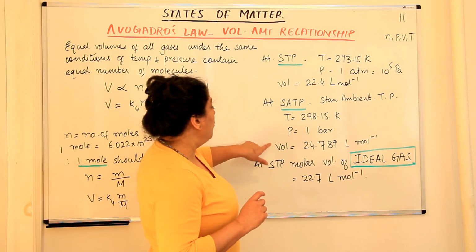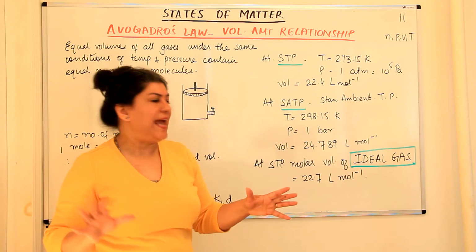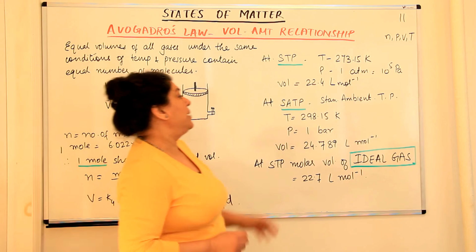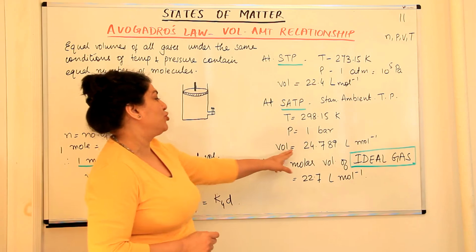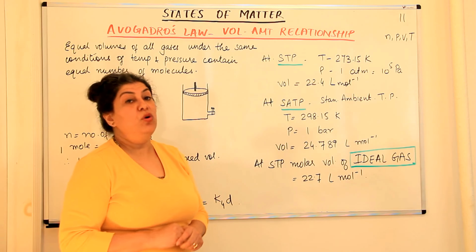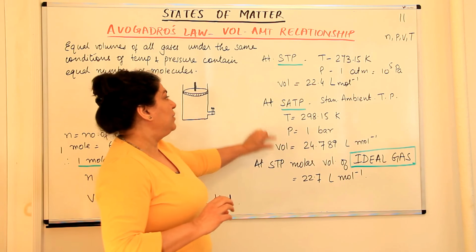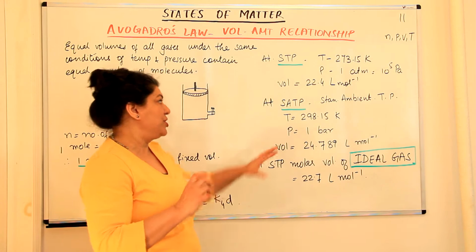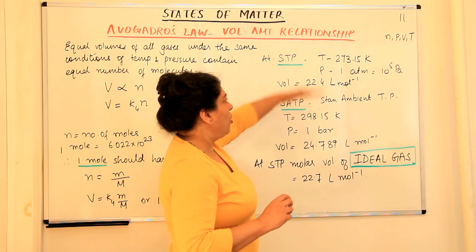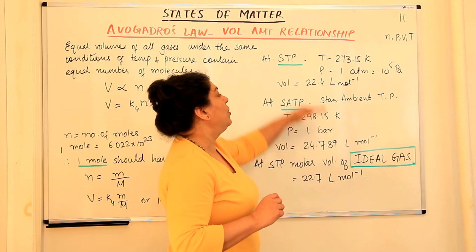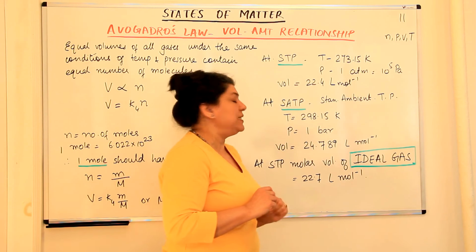And therefore, the volume of 1 mole of any gas at SATP conditions, that is the standard ambient temperature and pressure conditions, turns out to be 24.789 liters per mole. So we find that the volume at STP and volume at SATP are different. You will have to memorize all these conditions and what are the volumes at STP and SATP for your numerical problems.